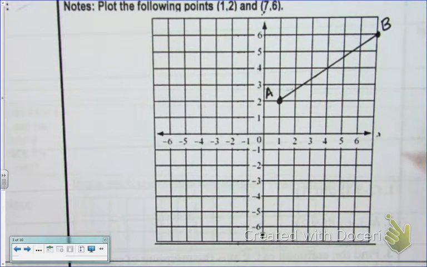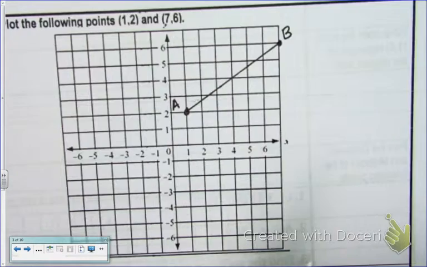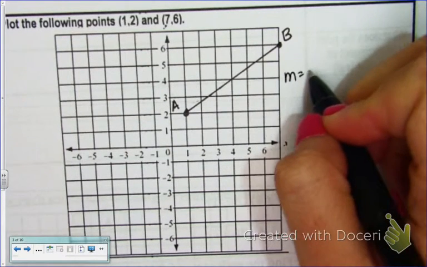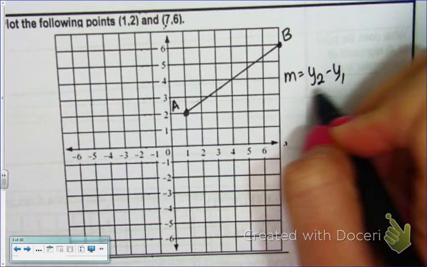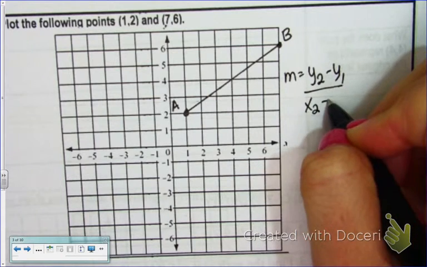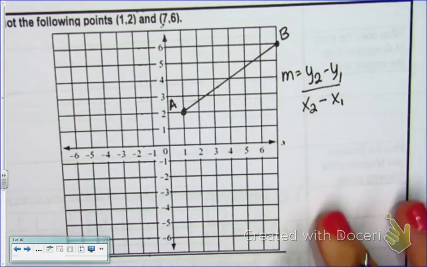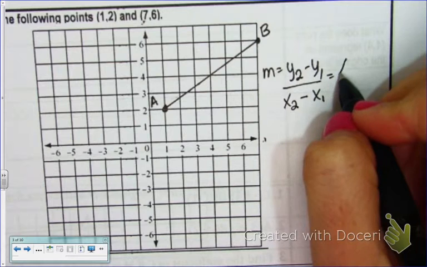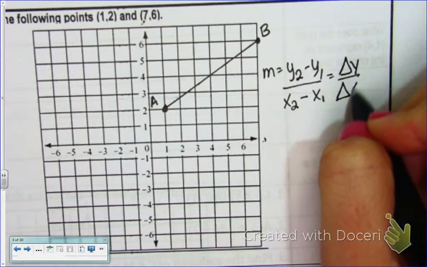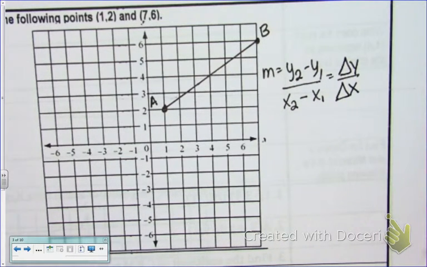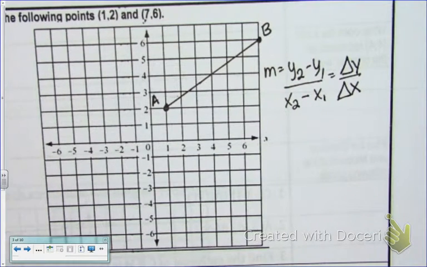There's a couple of ways that you can find slope. You have your slope formula, y2 minus y1 over x2 minus x1. This is known as the change in y over the change in x. But essentially we're trying to figure out our rise over our run.